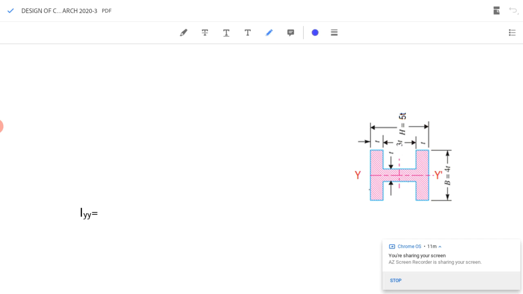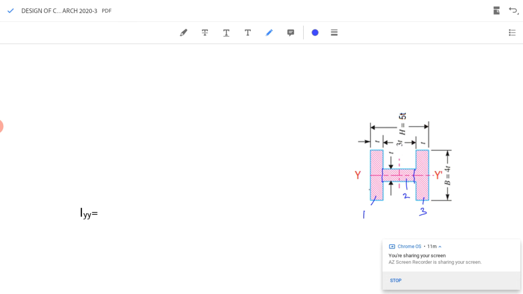In order to find the moment of inertia of such a section, I will divide this section into 3 rectangles. So this is rectangle 1, rectangle 2 and rectangle 3. Rectangles 1 and 3 are similar.